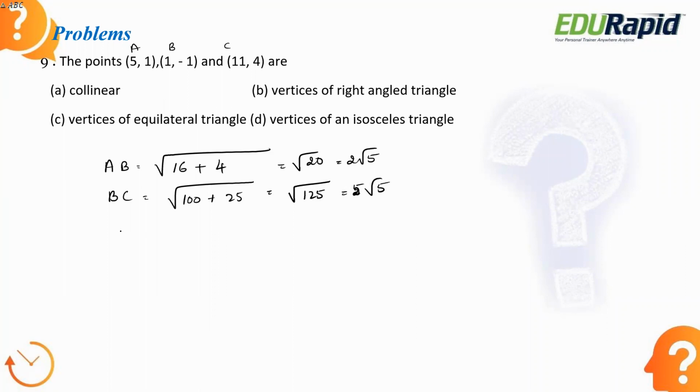Similarly, AC or CA would be 11 minus 5, that is 6. So it's 36 plus 4 minus 1 is 3. It's 9. So I'll get 45. So it's 3 root 5.